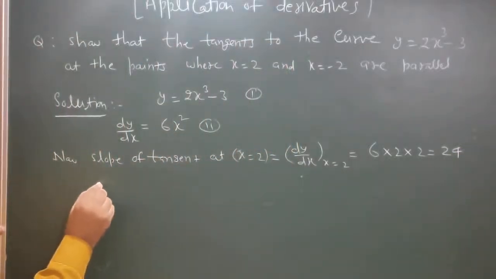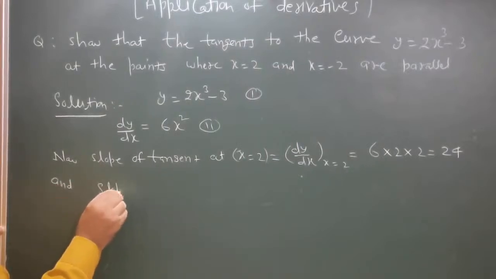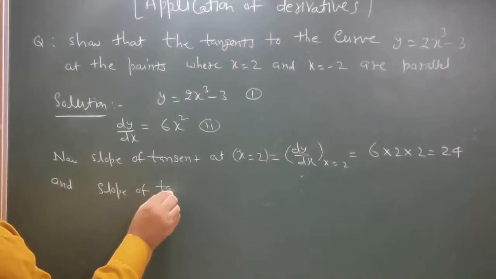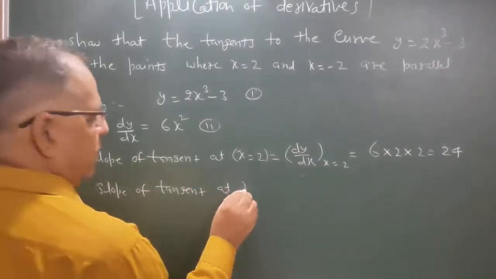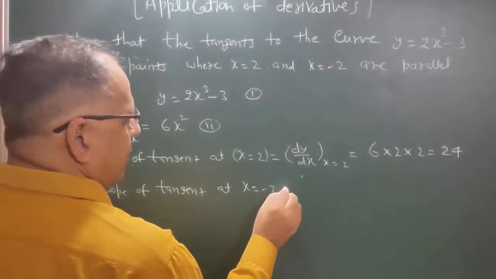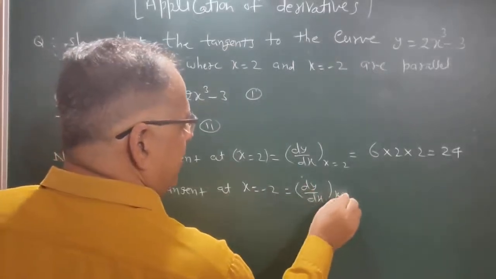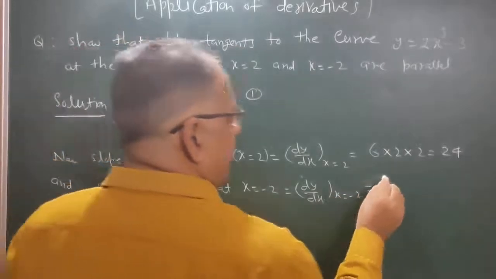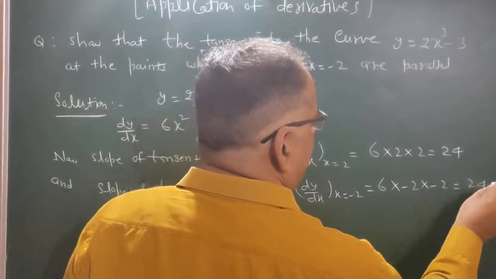Similarly, now the slope of tangent at x equal to minus 2. Here dy over dx at the point x equal to minus 2 is given by 6 into minus 2 into minus 2, again 24.